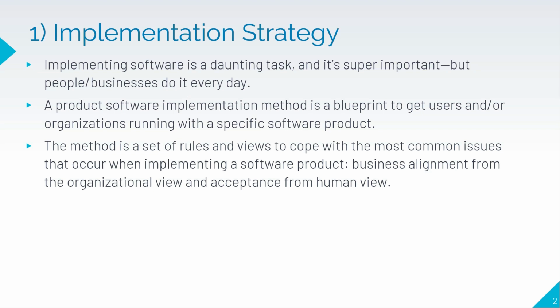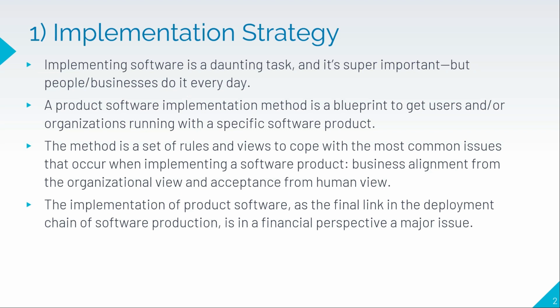So we have created a software product, but we will be facing a lot of issues when we implement it at different customer locations, based on their requirements, how they see the product, and how we are customizing the product for the user. The business alignment is from the organizational view and acceptance is from the human view.